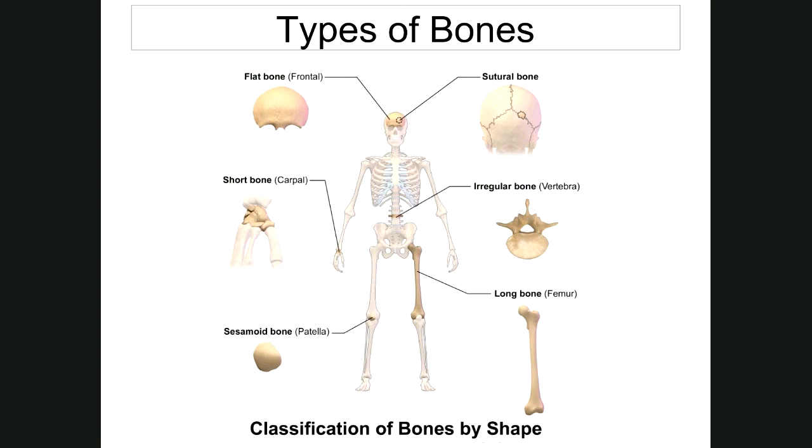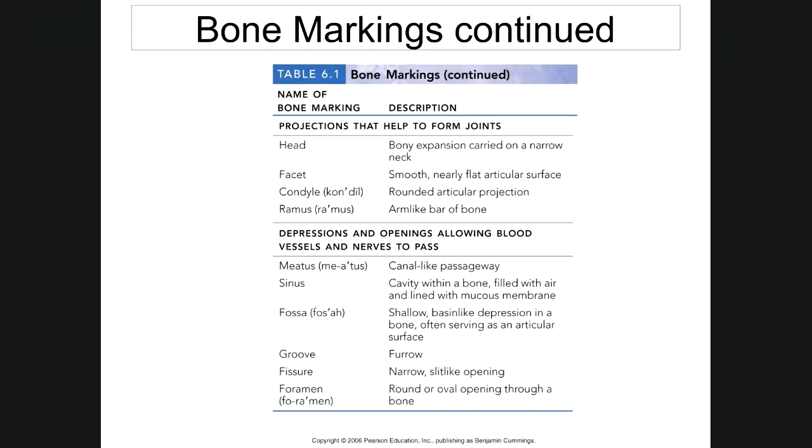We have a fossa, a shallow basin-like depression in a bone, often serving as an articular surface. You have a sulcus, S-U-L-C-U-S, which is a narrow groove. We will talk about a sulcus when we start naming structures on bones.